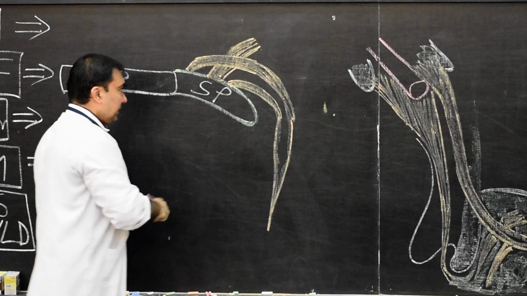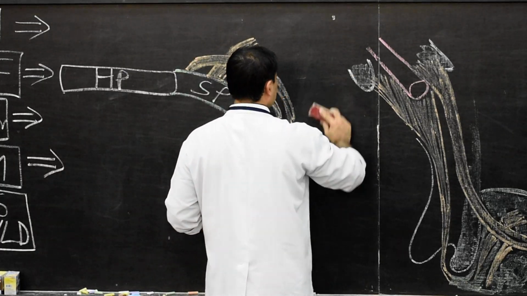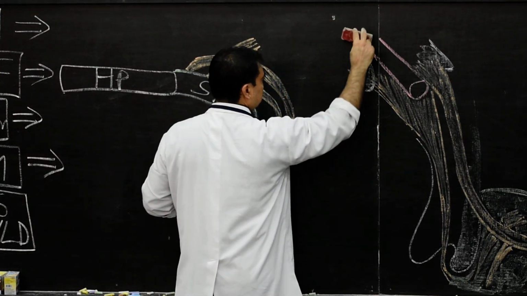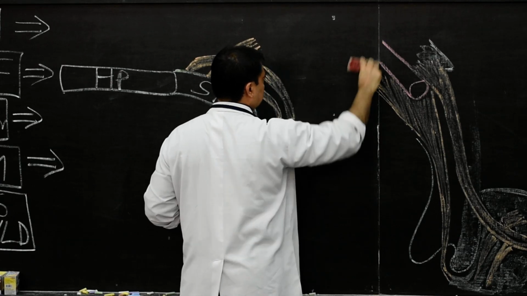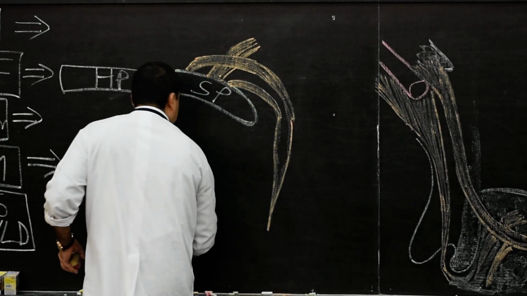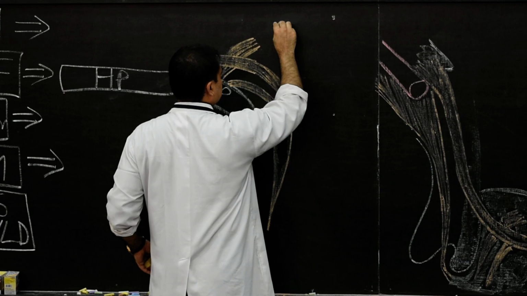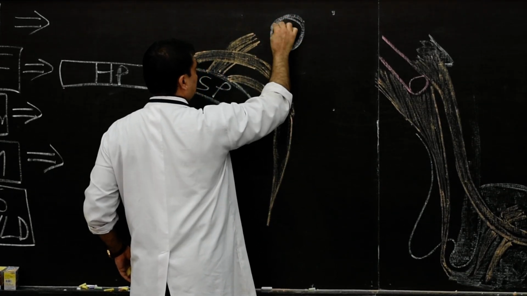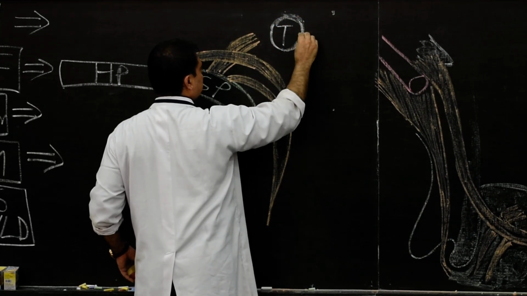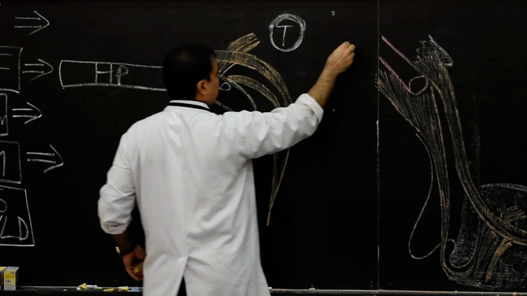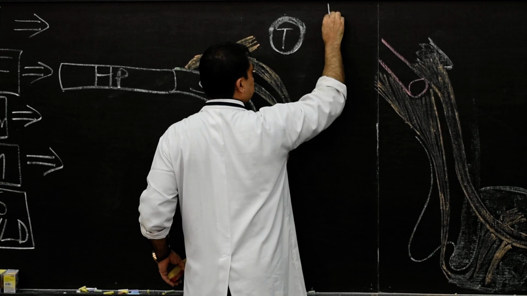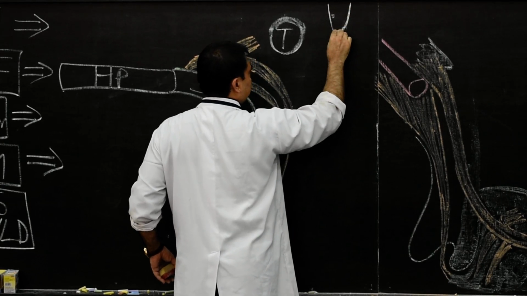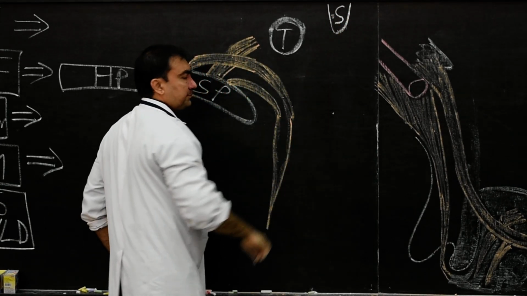Now comes the insertion of palatopharyngeus. Very important. In order to draw the insertion, let me first rub this segment over here. Just above, we will make the tubal opening of the auditory tube, and behind that I will show the styloid process.